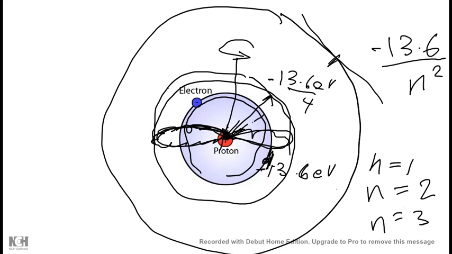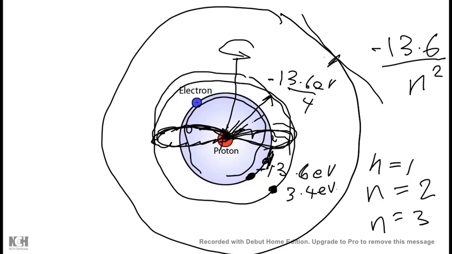So this first shell is at minus 13.6. This next shell is at 13.6 divided by 4, which is 3.4 electron volts binding energy. So this thing has moved out. Its angular momentum is moving the energy levels out to here.